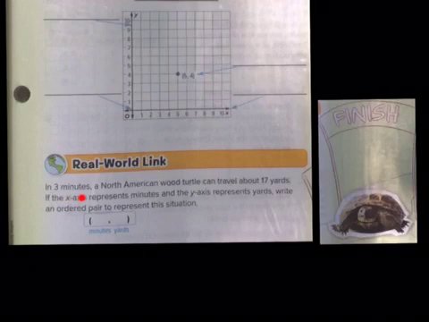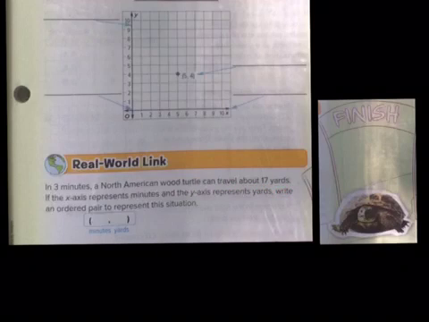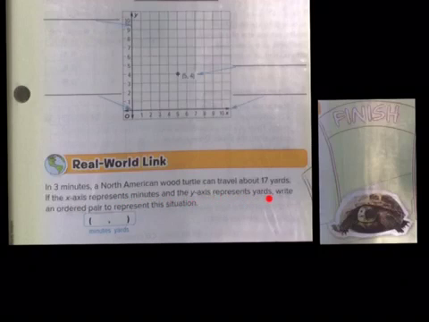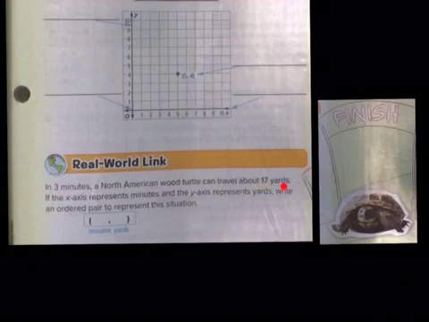In 3 minutes, a North American wood turtle can travel about 17 yards. Wow, that's slow. If the x-axis represents minutes and the y-axis represents yards, write an ordered pair to represent this situation. Alright, so 3 minutes, 17 yards.